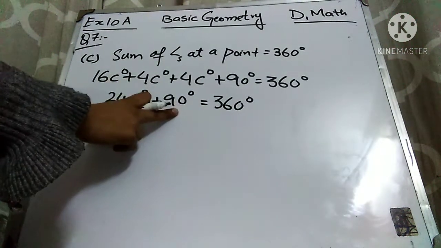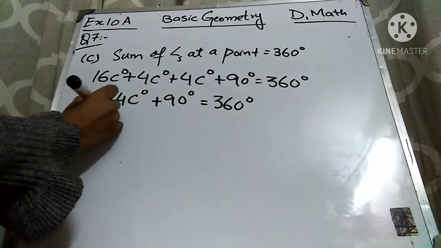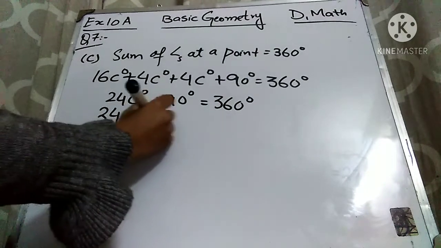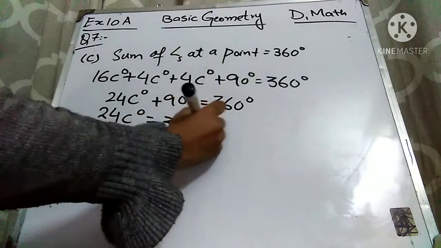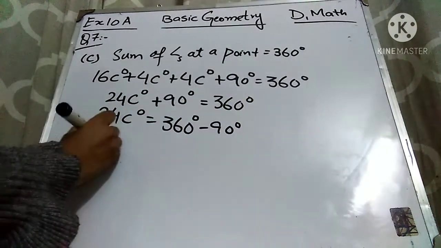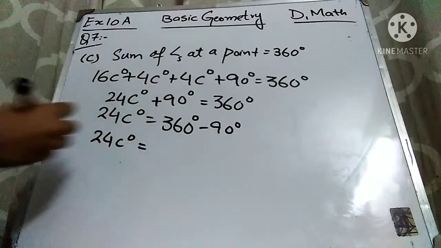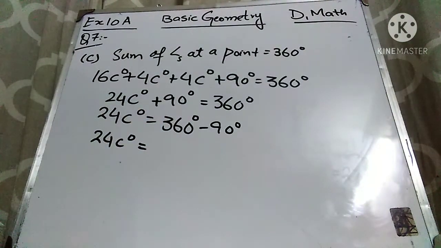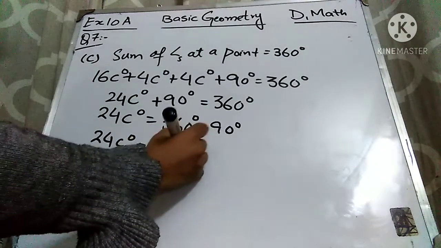So this is 90, which is adding over here. It will go to that side and it will subtract. So 360 minus 90 will be equal to 270 degrees.